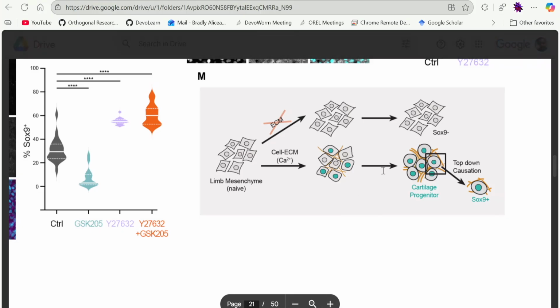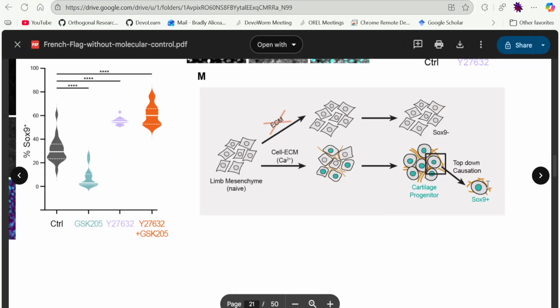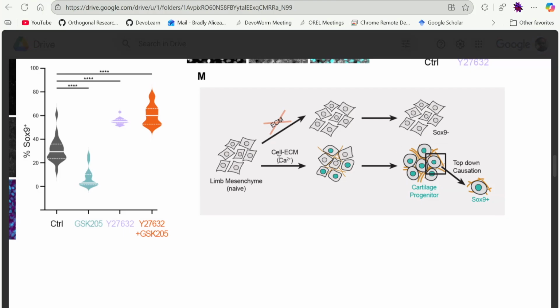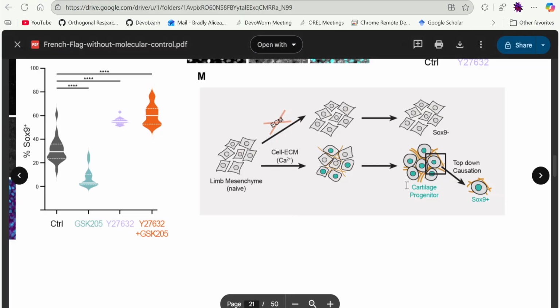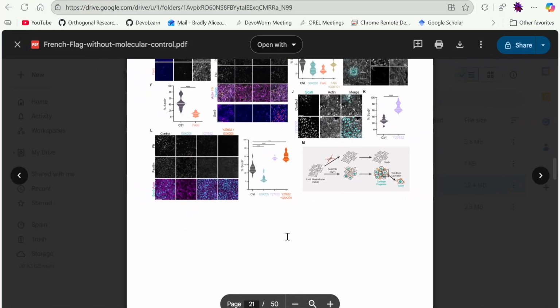So that's what they mean by top-down causation, that the extracellular matrix is playing a role here in shaping which cells are going to be which thing. In this case, it's shaping which cells are going to be cartilaginous. You start to get this early with some cells differentiating and some cells not, but then all of the cells at the end of this process are differentiated and have a strong positive signal.